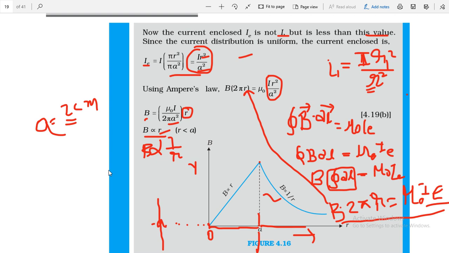So students, this is a very interesting and very important application, a question based on Ampere's circuital law, and I hope you understand this question. Try to revise this question because it is very important.